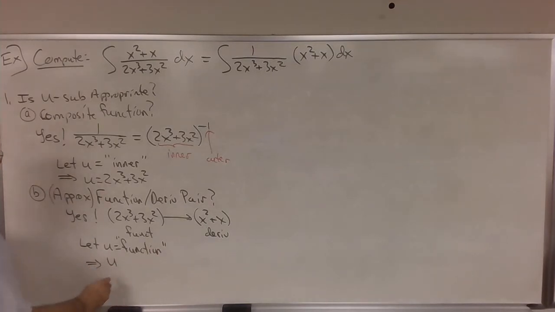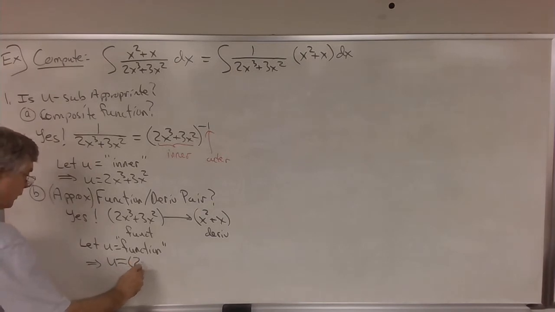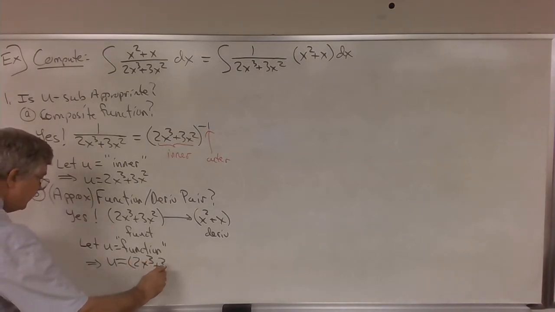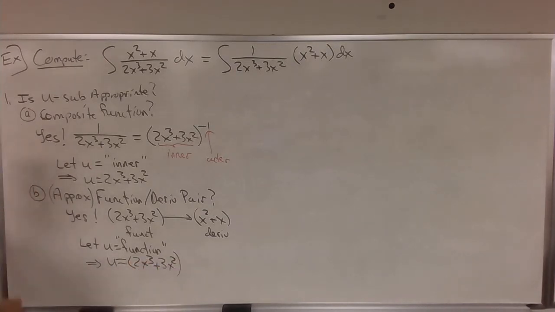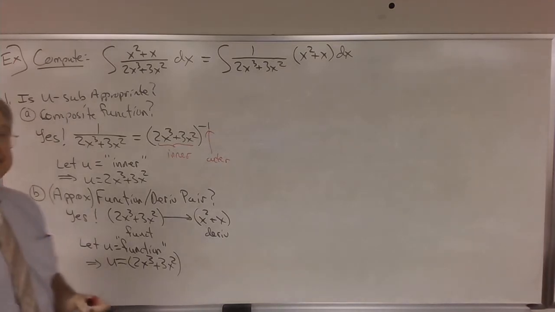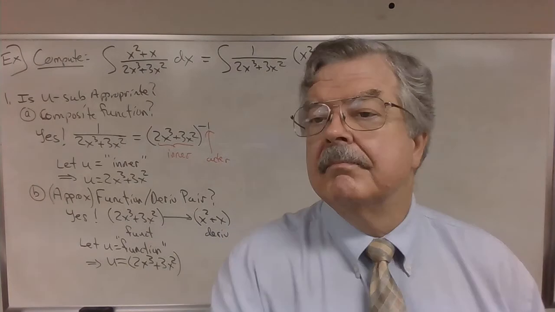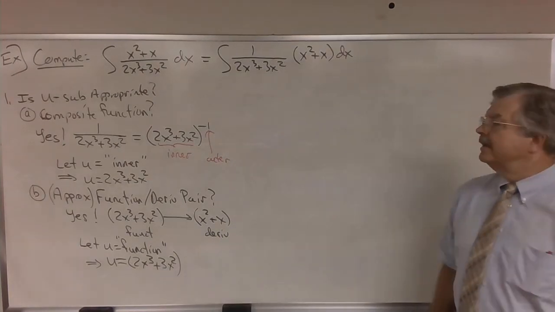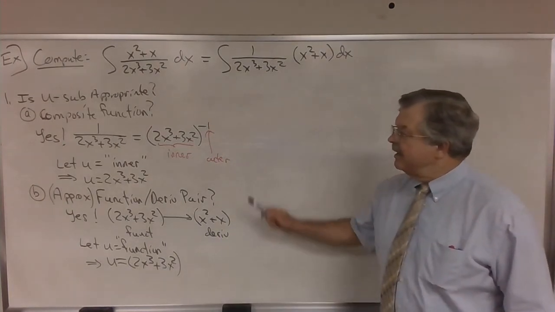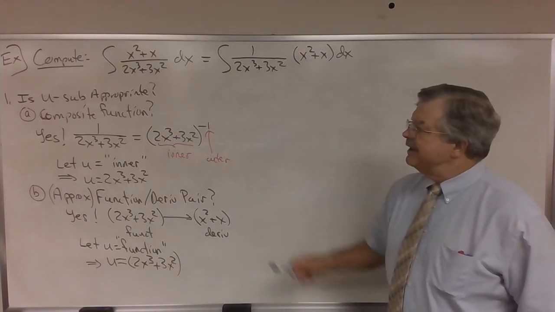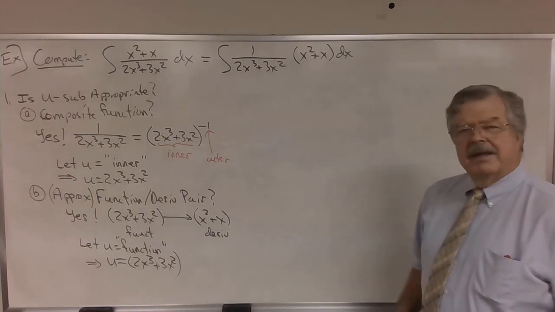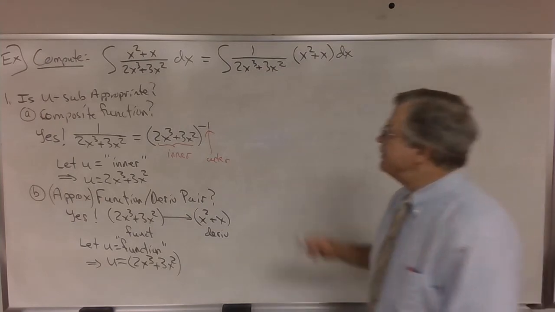And our rule of thumb is to let u equal the function of the function derivative pair. So that means that u equals 2x cubed plus 3x squared. Now we go to Criterion C. And you remember what that is?